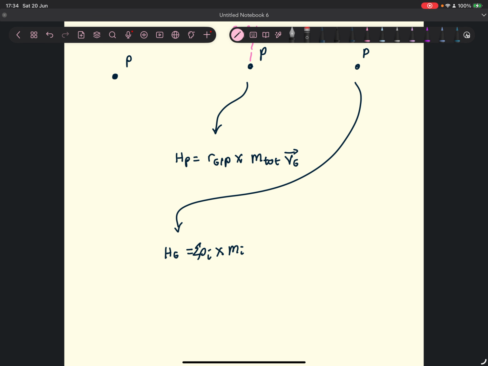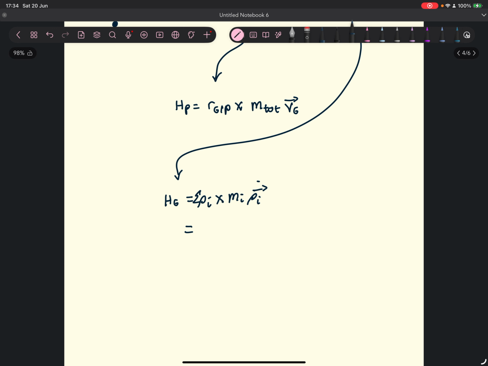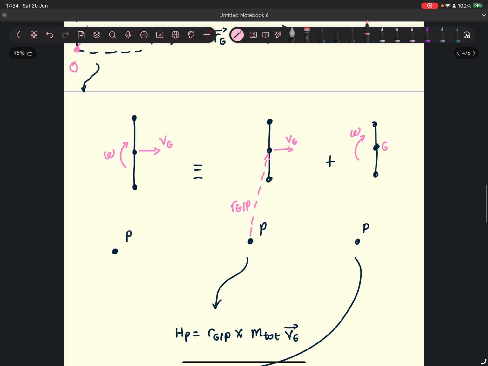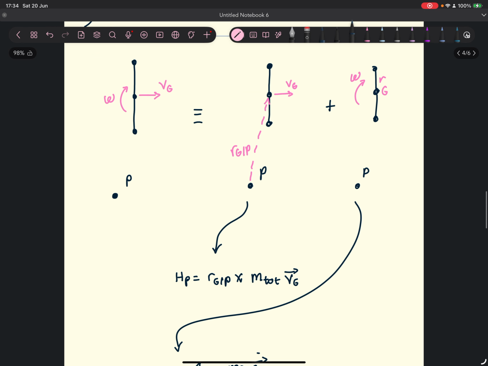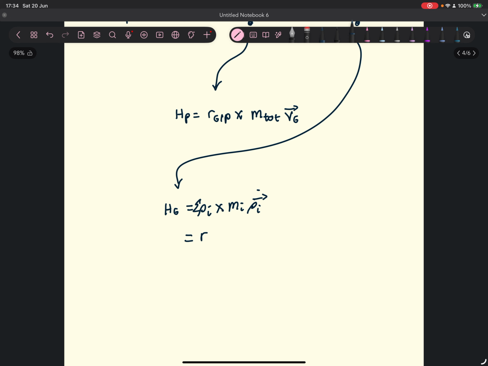I'm going to use relative, so I'm going to use mi rho I dot. Okay, so if I define this to be R, it's going to be R1 crossed with M1 rho 1 dot plus R2 crossed with M2 rho 2 dot.